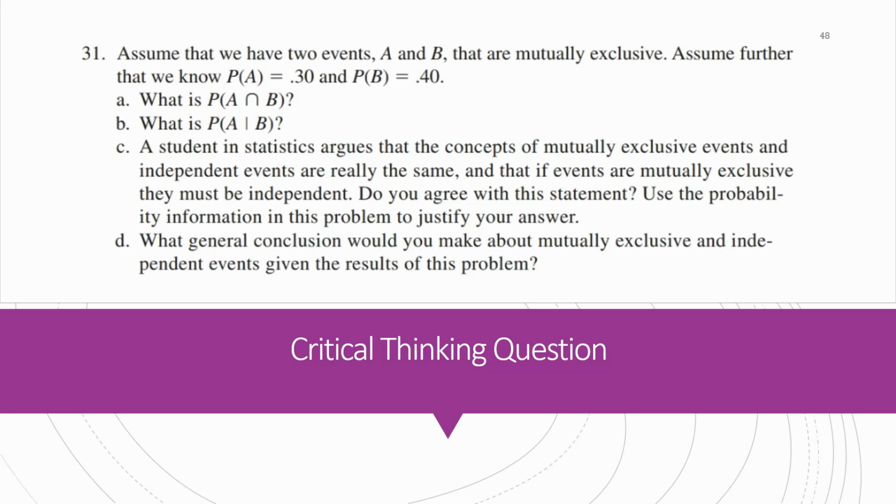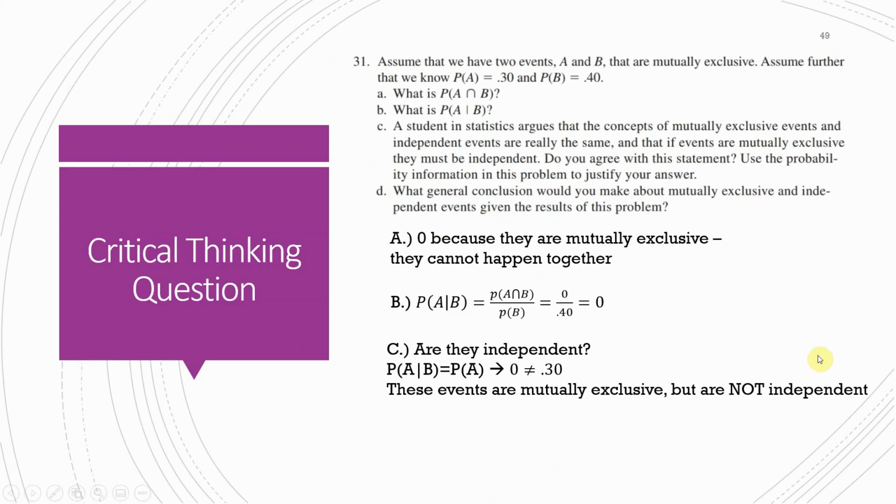But like the problem says, use the information from this problem to justify your answer. Well, we know for a fact, because we're told that A and B are mutually exclusive. So let's find out if these events are independent or not. We know how to do that already. We know how to figure out if events are independent or not by looking to see if the probability of A given B equals the probability of A. If so, yes, they are independent.